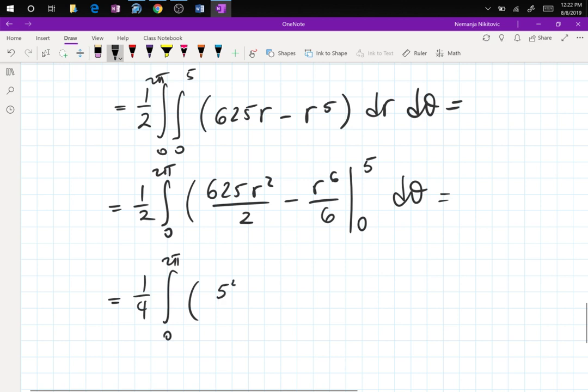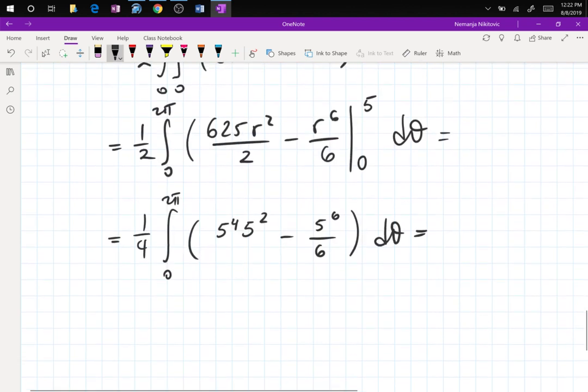625 is 5 to the 4th. And now you have another 5 squared. So that's altogether 5 to the 6, minus 5 to the 6 over 6. So you don't need a calculator for these things. It's simple calculation. So 1 over 4, integral 0 to 2 pi, I have 5 to the 6 minus 5 to the 6 over 6.